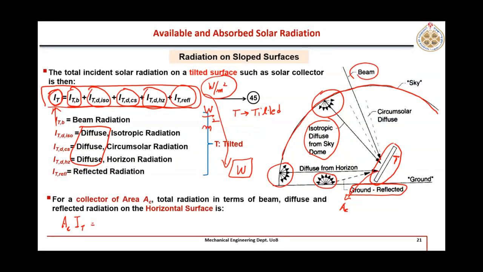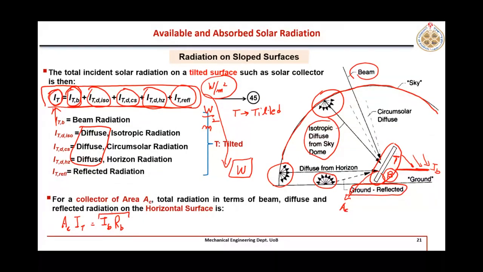Here, this one, the beam part. Normally we know the beam part from measurements for a horizontal surface. Normally we are given this radiation falling on a horizontal surface, so I will write it as I_B on a horizontal surface. The effect of tilt we include by defining this factor R_B.